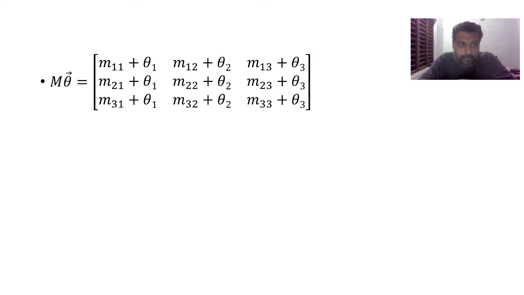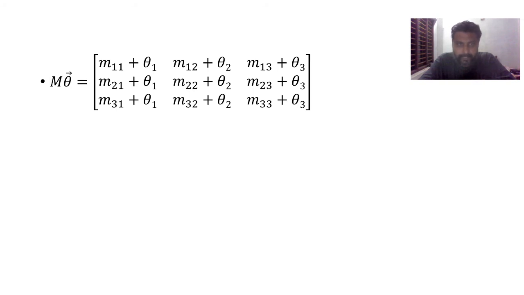It is in the form of the M matrix, and I am telling about the first row. The first row is nothing but m11 θ1 plus m12 θ2 plus m13 θ3.